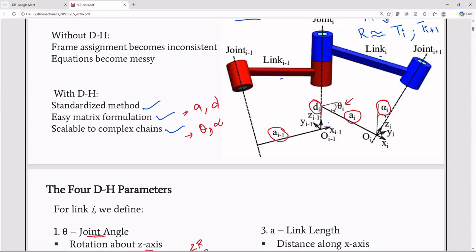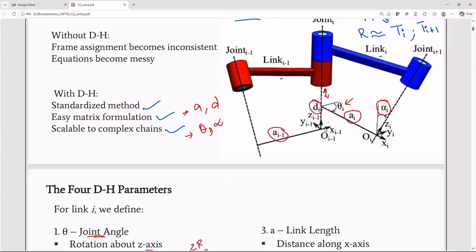Theta here, if you see, this dotted line going in this upward direction is the z I minus 1 axis. So what this is recording is the angle of rotation of the link I with respect to this z I minus 1 axis. So this is going upward, and this is rotated.